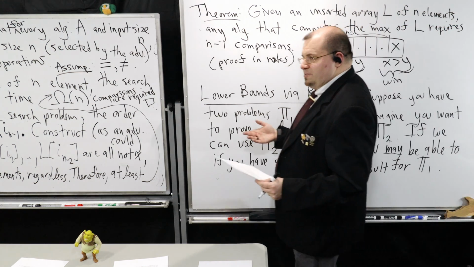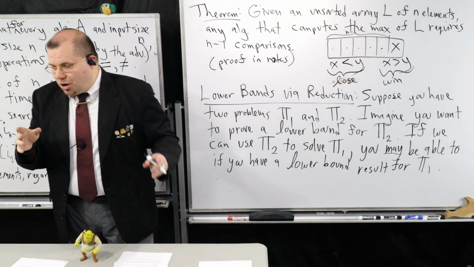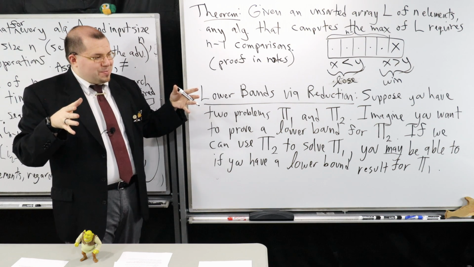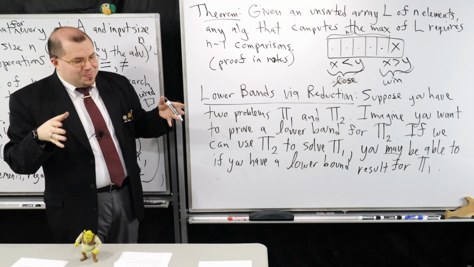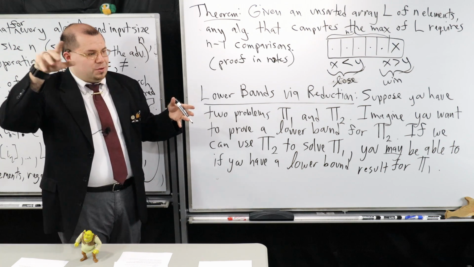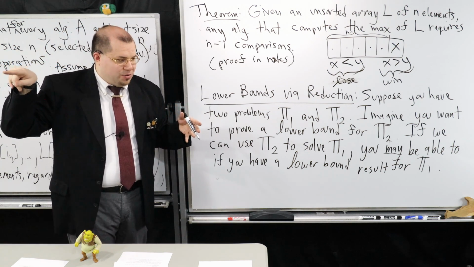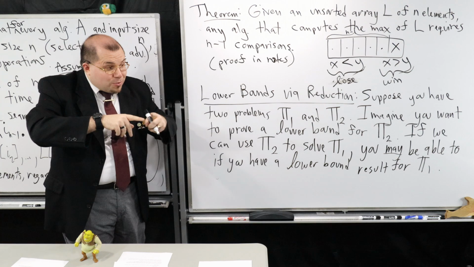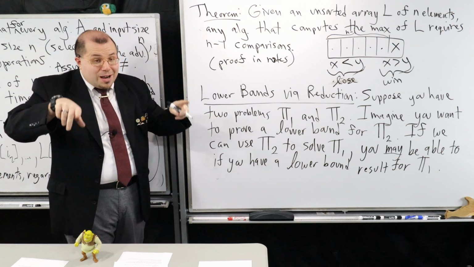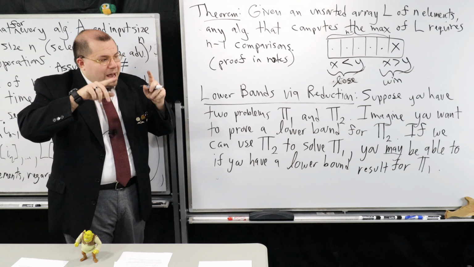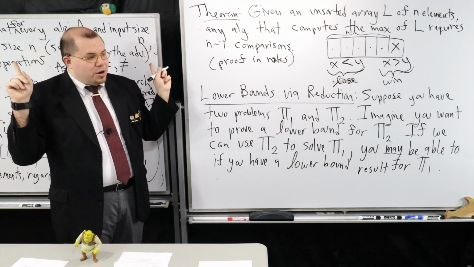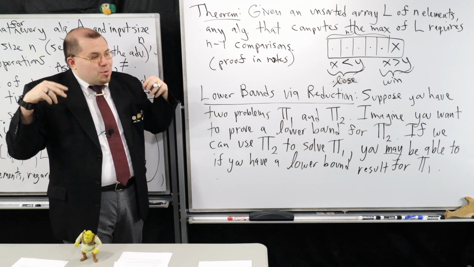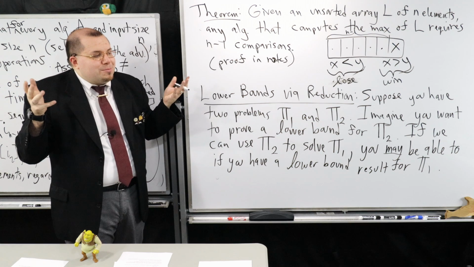So here's the idea. It's actually not that complicated. Suppose you have a given problem and you want to establish a lower bound for it. Now, suppose you have a different problem where you already know a lower bound result. If you can use the problem that we want to find a lower bound for to help us solve the problem with the known lower bound, and you can tell me how long that takes, then most certainly this algorithm couldn't exist.